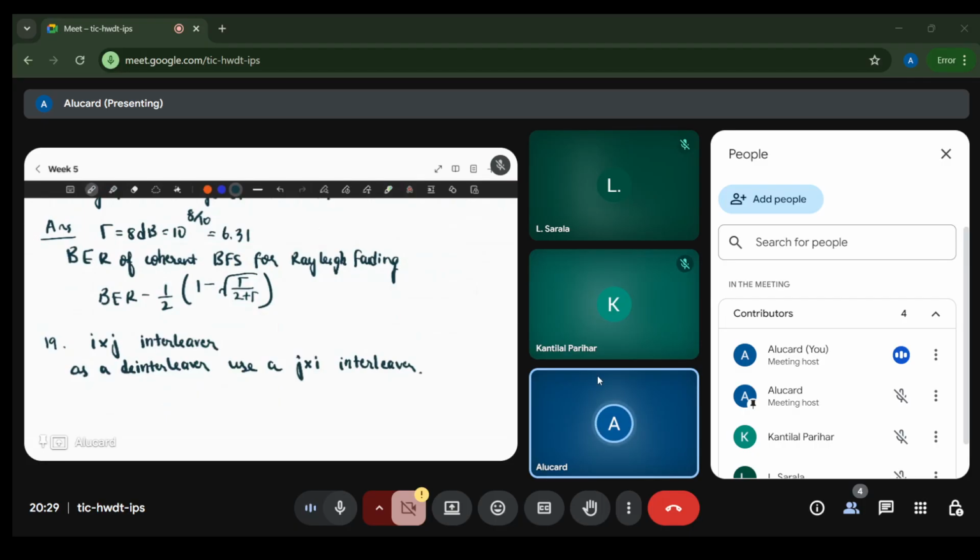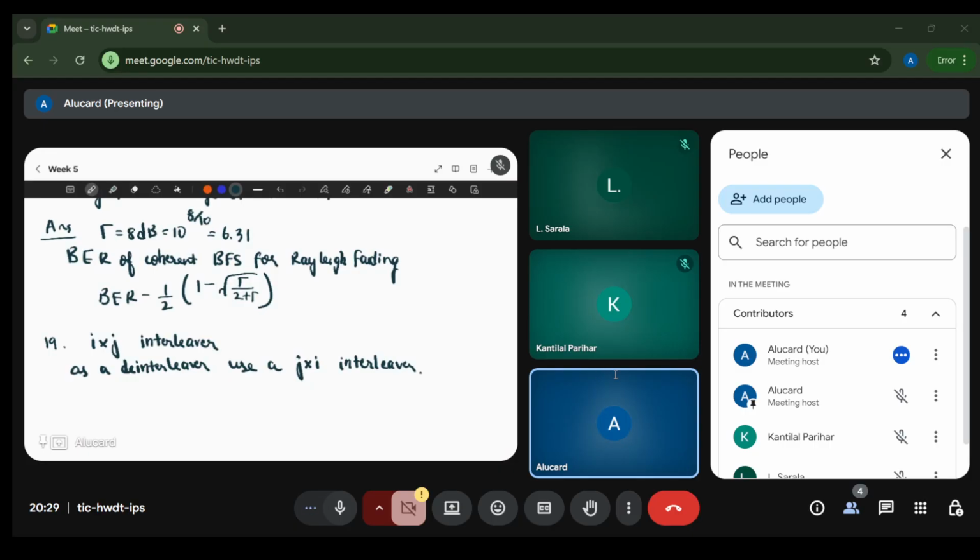See, what an interleaver does is it puts the bits in columns and then reads them row-wise. Then when you use the de-interleaver, you put the bits in columns again and read them row-wise.